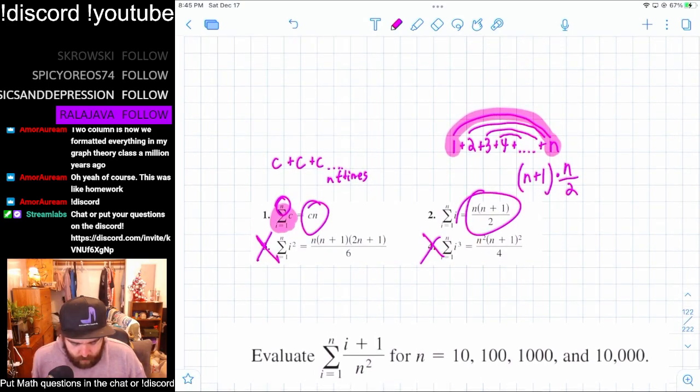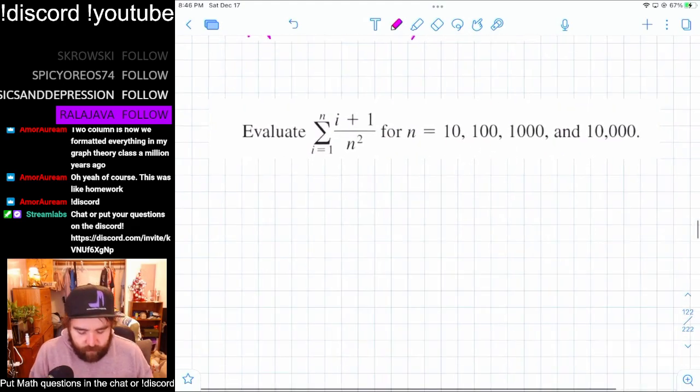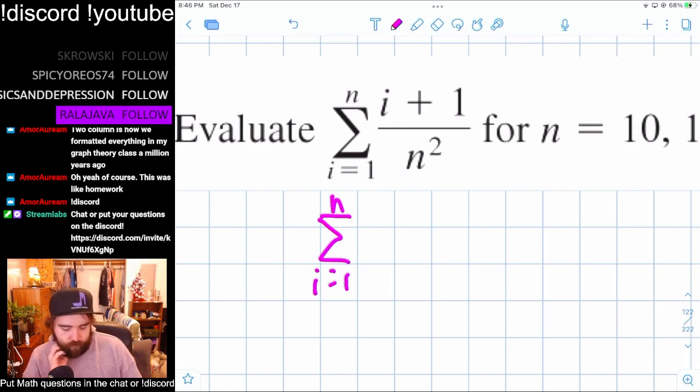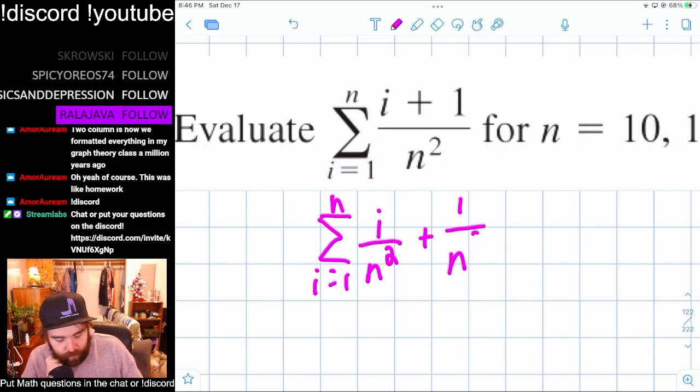So let's see. Another thing that they didn't talk about here. Well, I guess they did talk about that, with the constant. So let's see, what do we have here? Let's rewrite this. This is the sum of i equals 1 to n of i over n squared plus 1 over n squared.